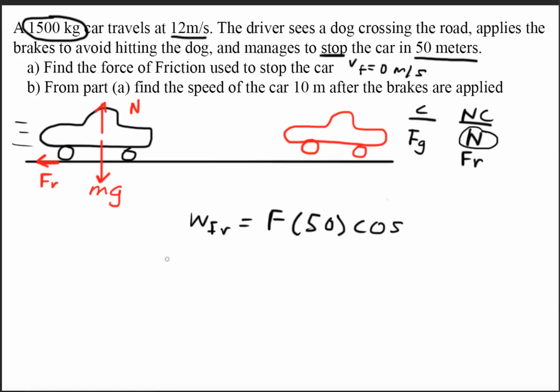So remember, the angle has to be between the force, in this case friction, and the displacement vector. So I'll draw the force of friction in red, and it's going to the left. So this is friction. And in black, I'll draw the displacement vector.